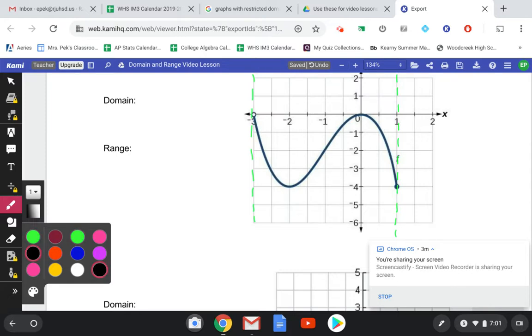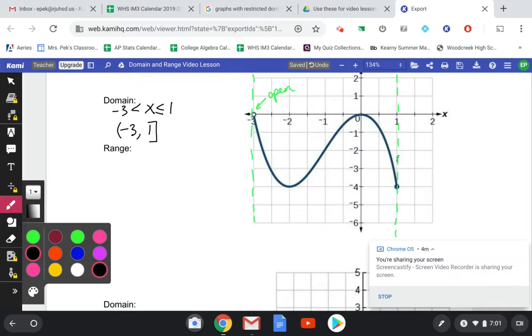But if you notice again, this point here is an open circle, which means that x value is not included in our domain. So I can say that this domain is all x values between negative 3 and positive 1. We are going to include 1, but not include 3. Another way to write this in interval notation would be negative 3, comma 1 with a square bracket at 1 to show that we're including that value of x.